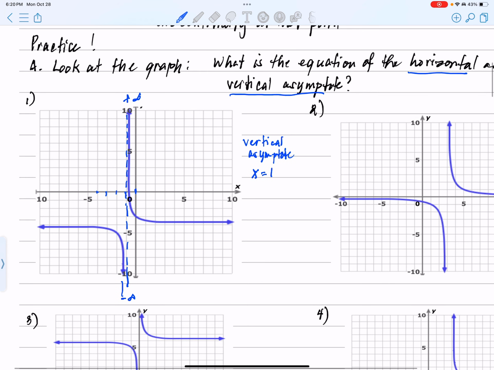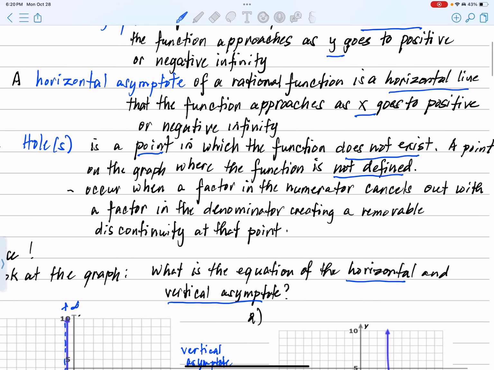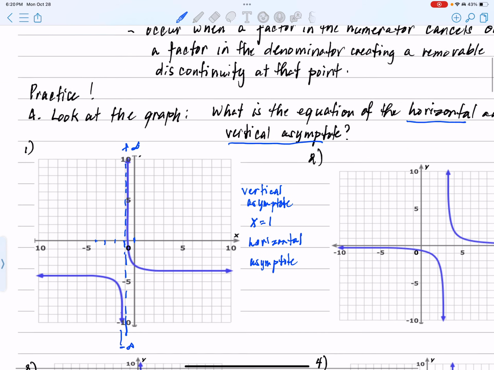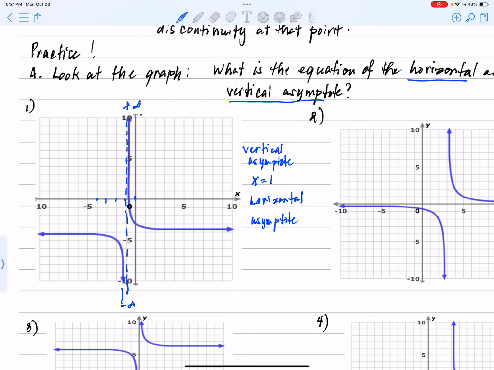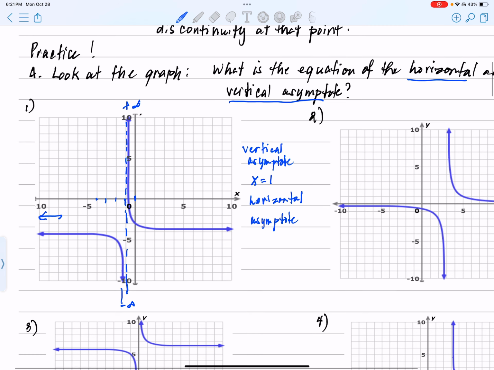For the horizontal asymptote, okay, it's a line of a rational function that the function approaches as x goes to the positive or negative infinity. So where is the negative infinity? Right here. This is going to the negative infinity and this x goes to the positive infinity.